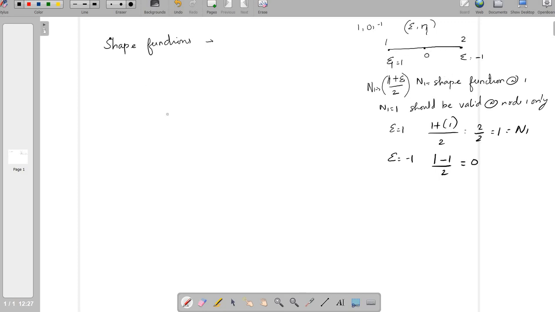So in this manner, we are going to derive the shape function for two-dimensional analysis with the coordinates of epsilon and eta. For this, first we are taking the rectangular element of 4 nodes.